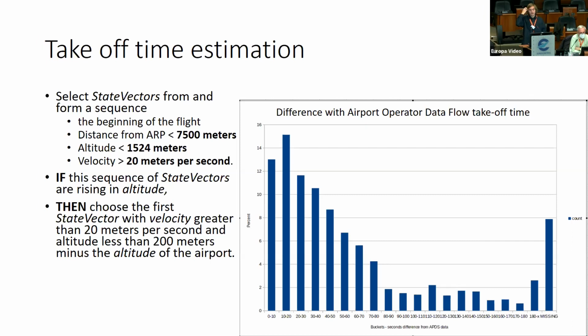And then on the right-hand side, again on the bar plot, you see how it compares against the airport operator data flow dataset that Eurocontrol has access to, and what the differences are and how they are distributed.